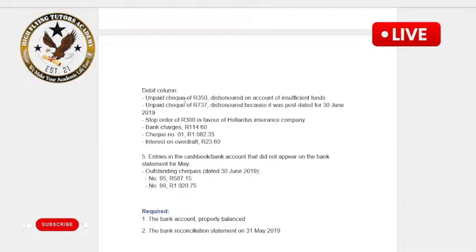There was a debtor that was paying us, and they paid with a check, right? And we recorded that we received the money. But now when we go to claim the money and cash in the check, we found out there's no money. So basically the debtor did not pay us.